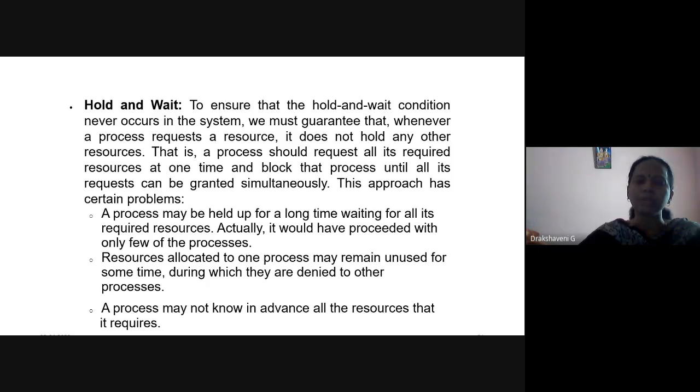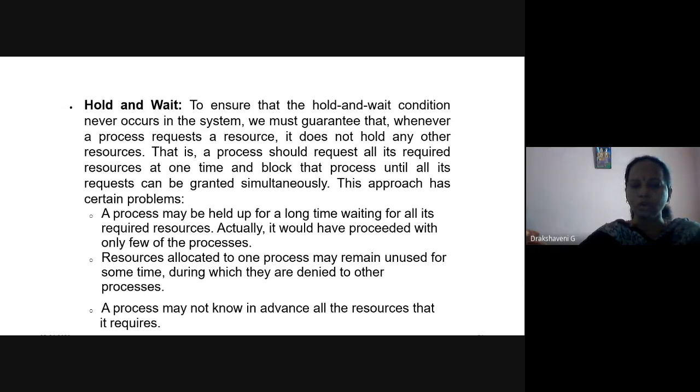The process may be held up for a long time waiting for all its required resources, although it could have proceeded with only a few of them. Resources allocated to one process may remain unused for some time, during which they are denied to another process.